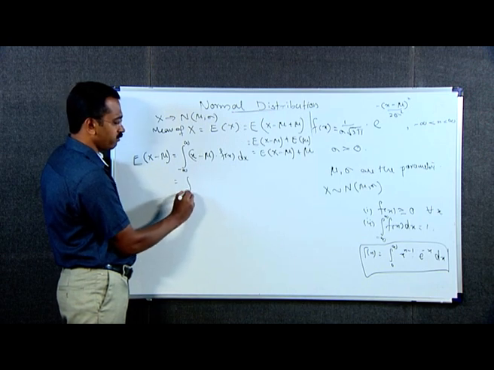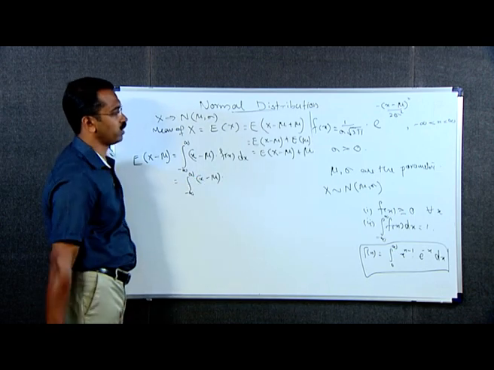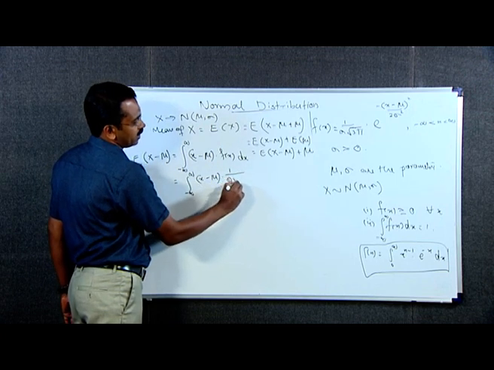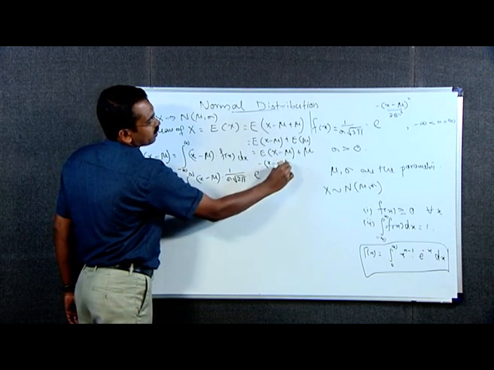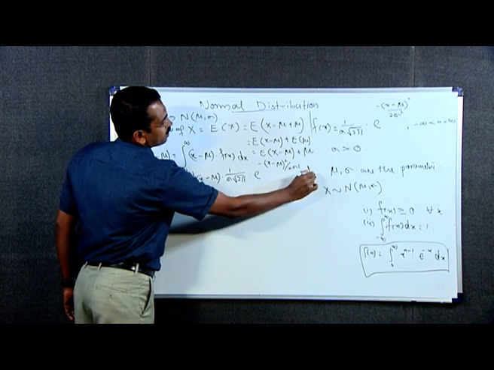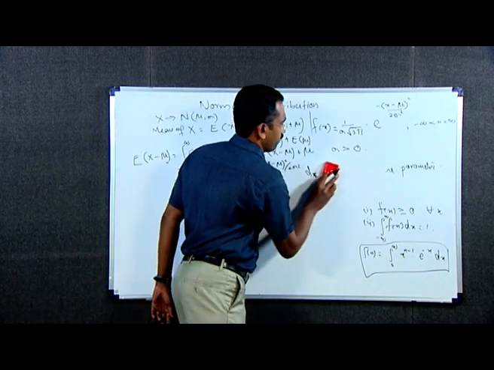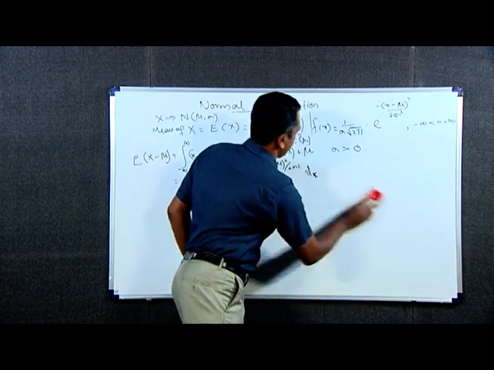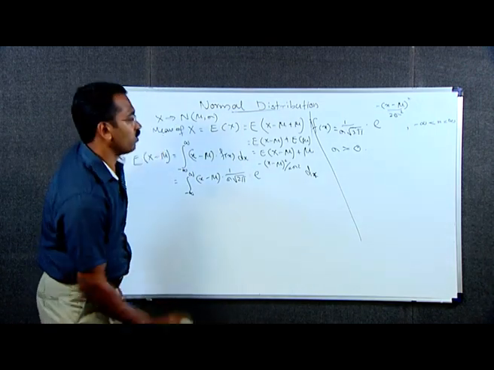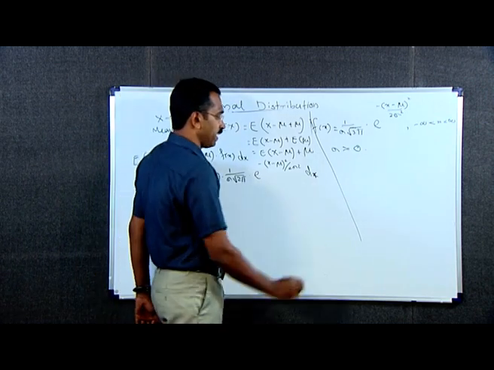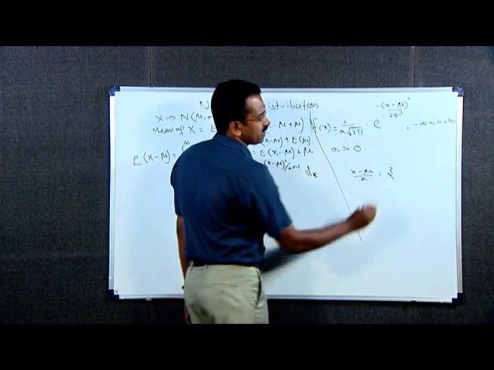which is equal to integral from minus infinity to infinity x minus mu into f of x, which is 1 by sigma into root of 2 pi e raised to negative of x minus mu the whole square divided by 2 sigma square dx. Now we use the substitution x minus mu divided by sigma is equal to z.